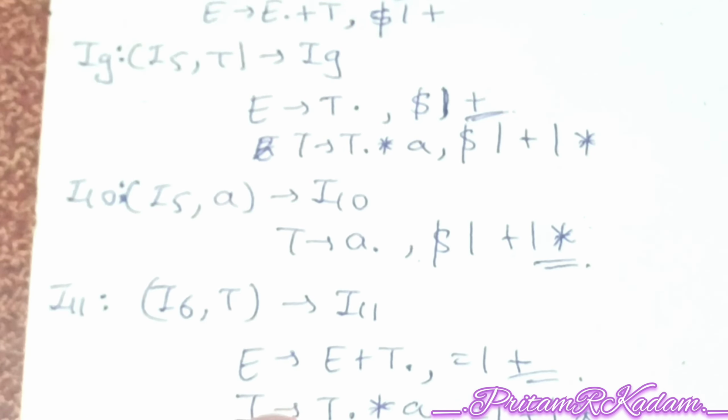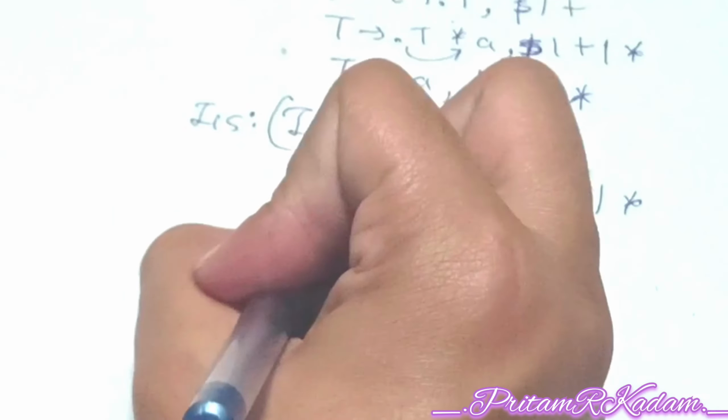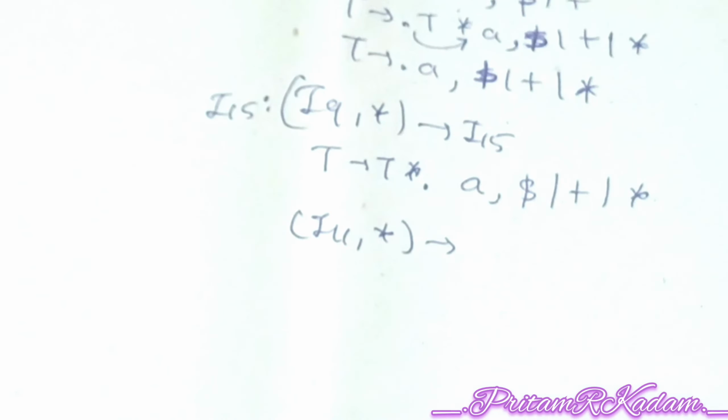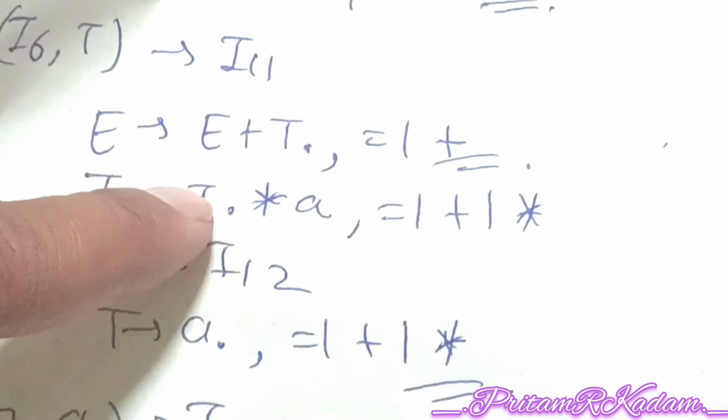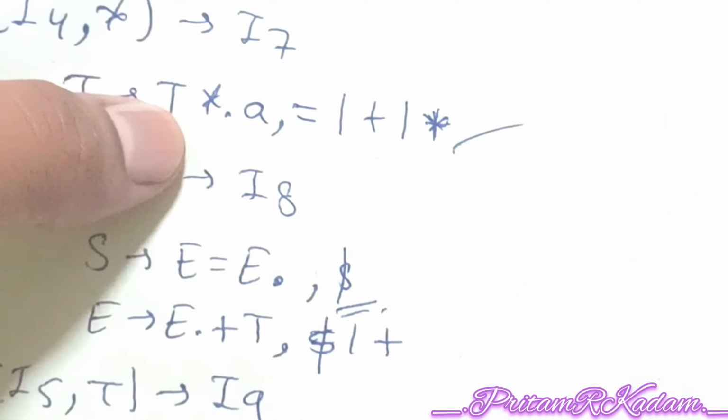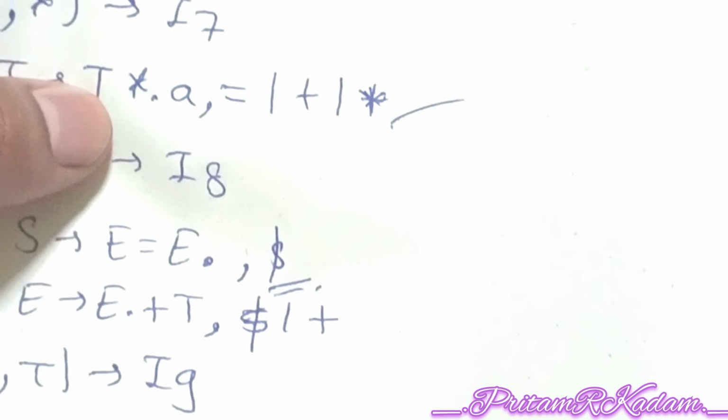I11's first production is completed, so we will proceed to the second production of I11. I11 on star goes to a state. I think we have already completed that. We had I11 as T star dot A with look ahead equals to plus and dollar, which is already in the I7 part.